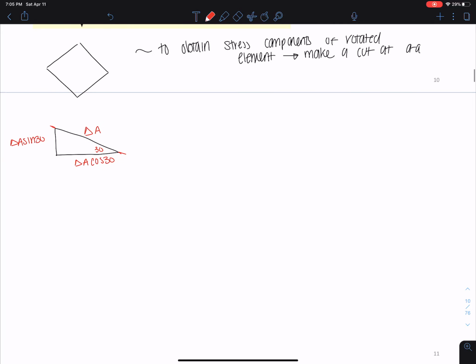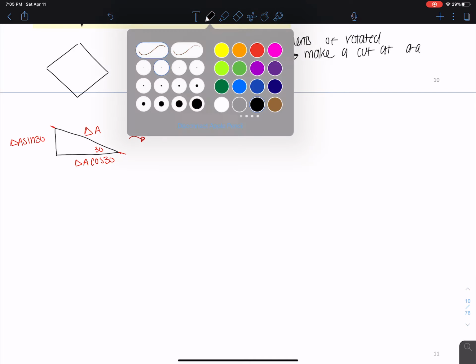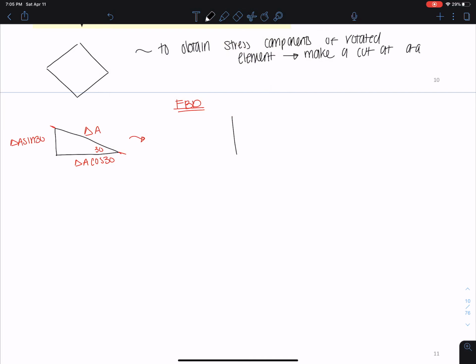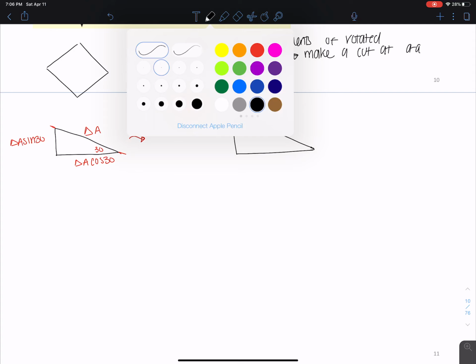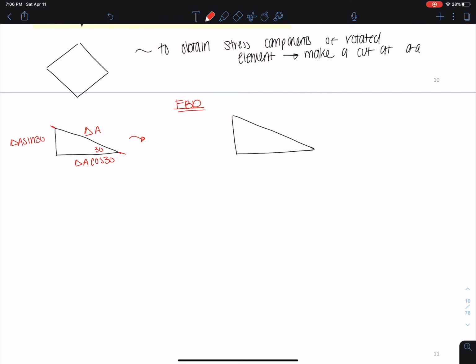Now we want to draw our free body diagram of this element. I'm going to redraw this triangle a little bigger because we have all these stress components. Let me first define the axes. We're going to start by defining the x prime axis as the one that we just rotated, so we'll define our x prime axis through here.